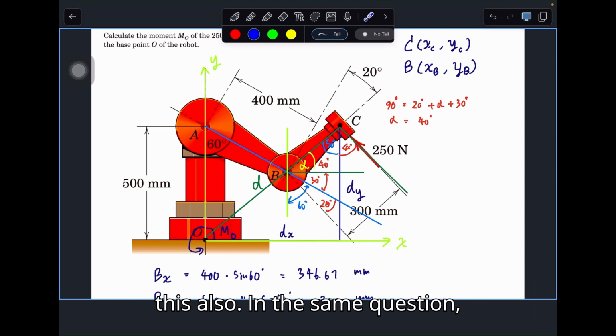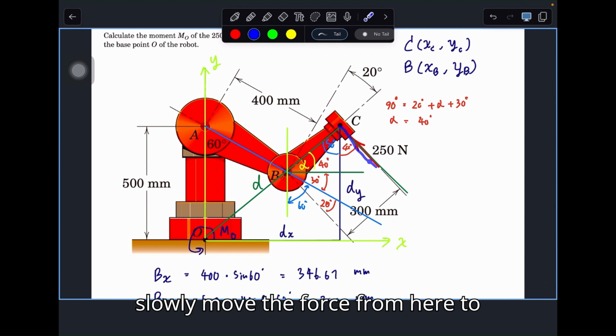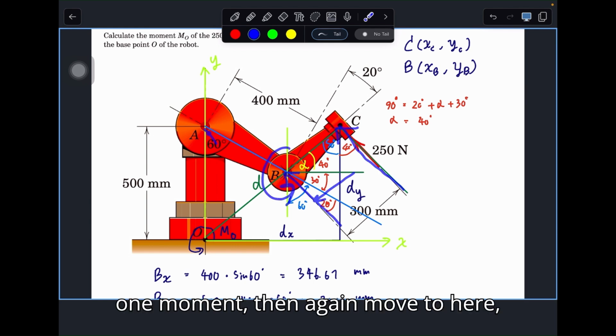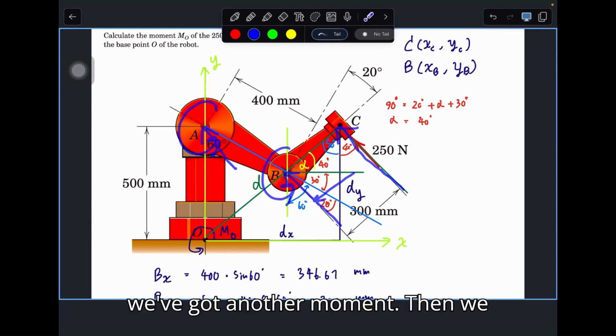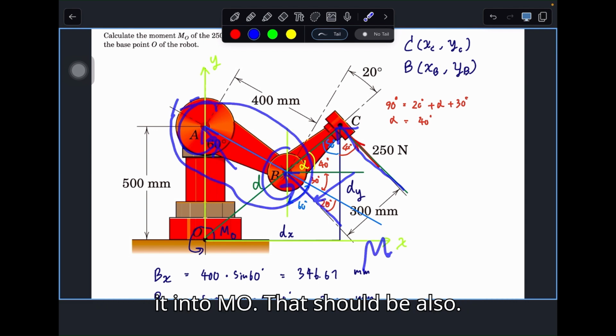If we use the force couple moment, we slowly move the force from here to here. Then we get one moment, then again move to here, and we get another moment. Then we calculate those moments and combine them into M_O. That should also work.